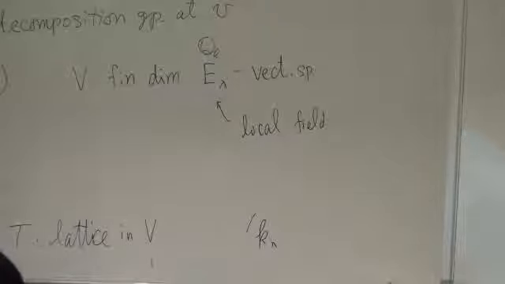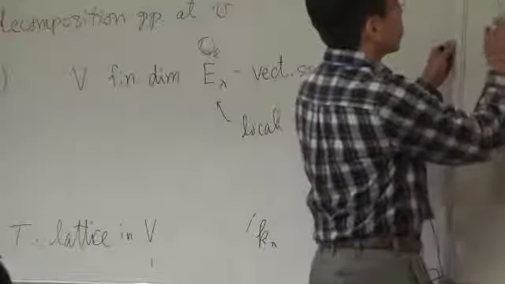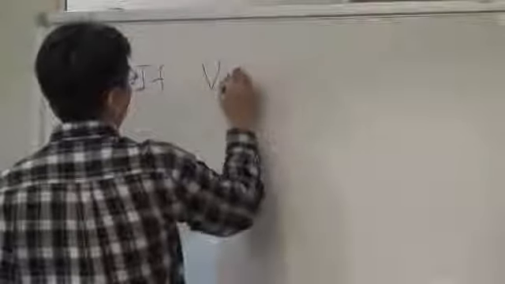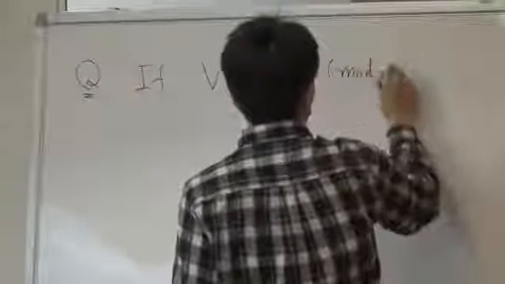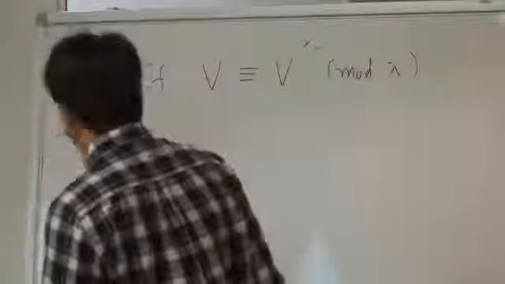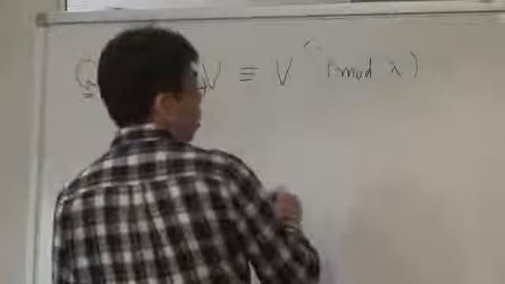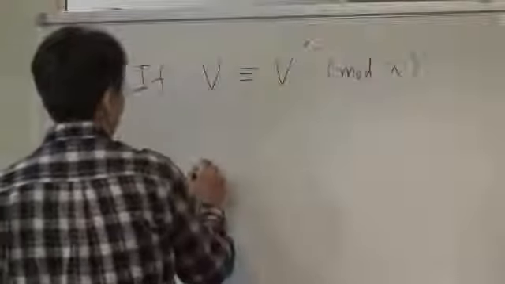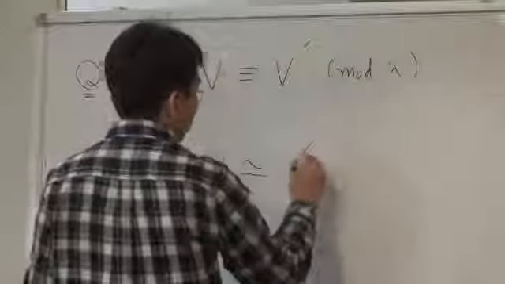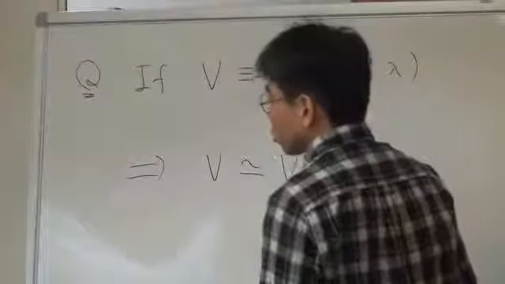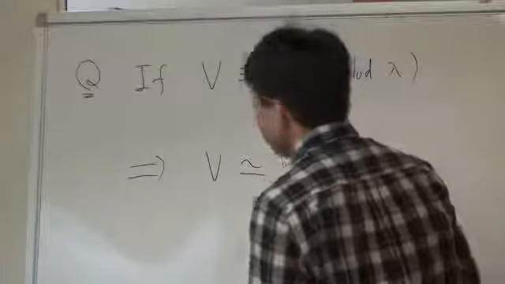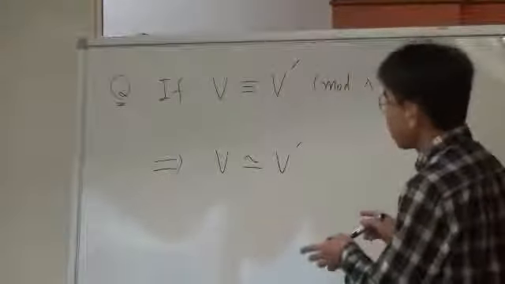My basic question is, if V and V prime are congruent modulo lambda, then are they actually isomorphic? In general, this is absurd.